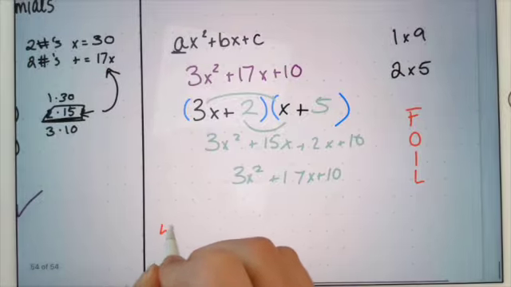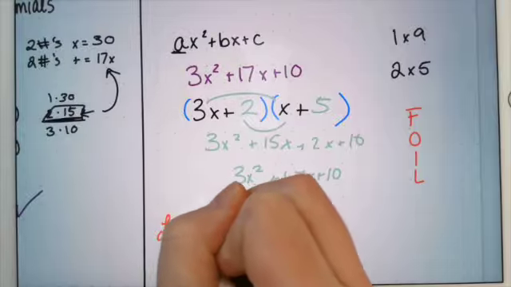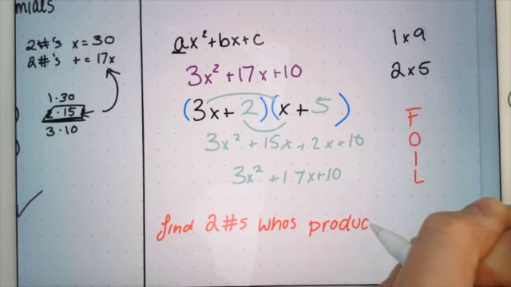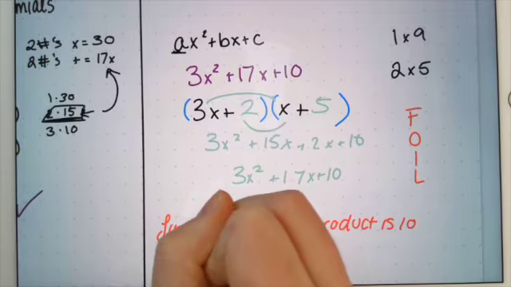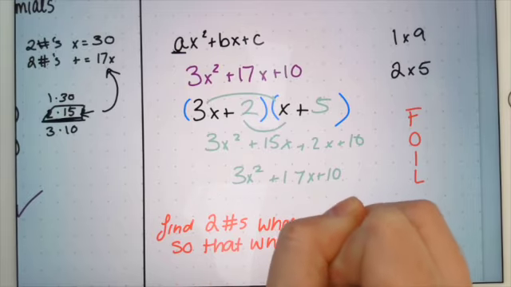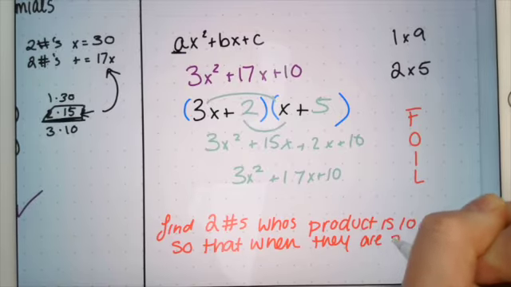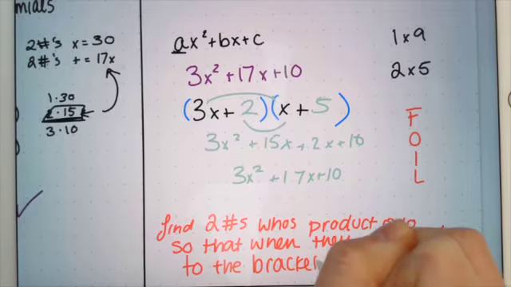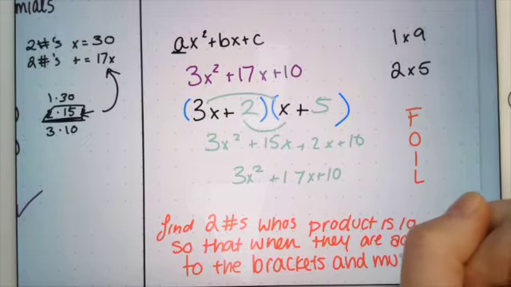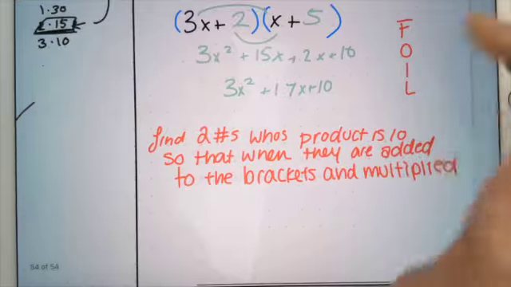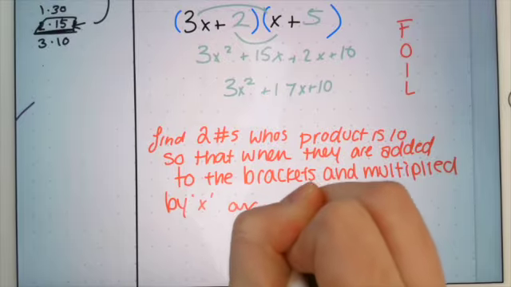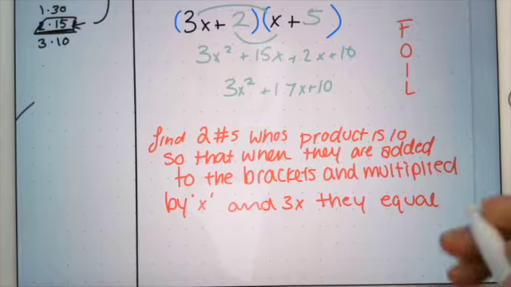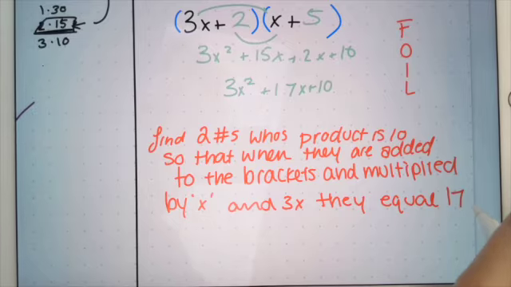Now for this method, I'm going to write this out for you. Find two numbers whose product is 10, so that when they are added to the brackets and multiplied by x and 3x, they equal 17x.